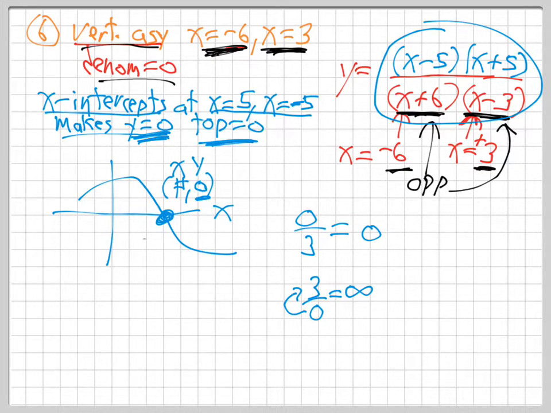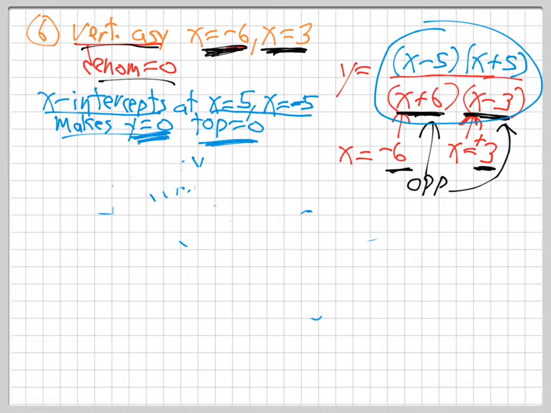What's left then? Well, the last thing is they tell us about the y-intercept. So we use that to figure out if there's a number in front here. So this is y equals, and there's some kind of constant number in front, call it a.